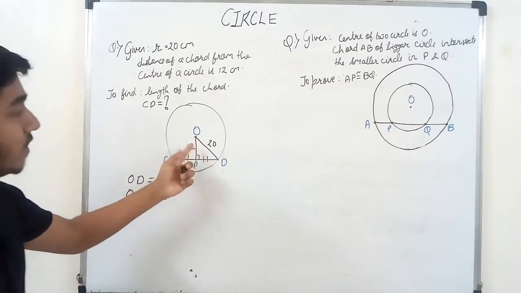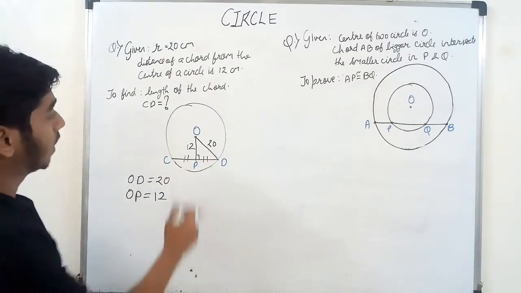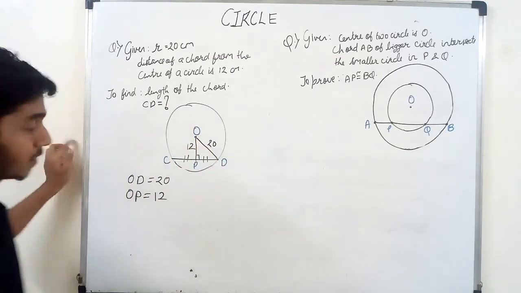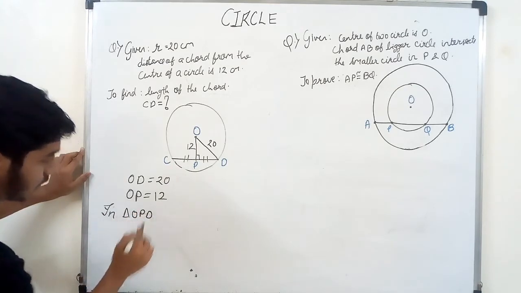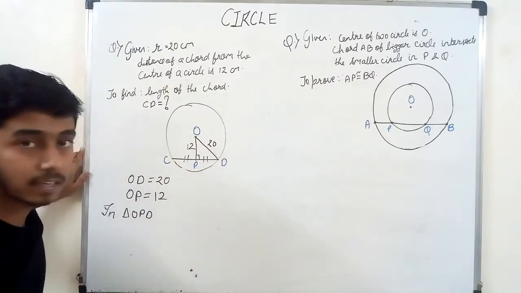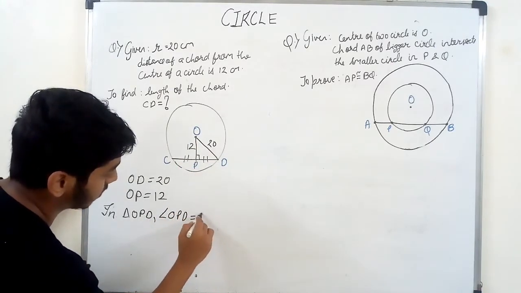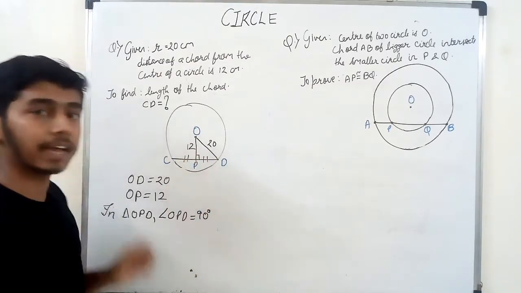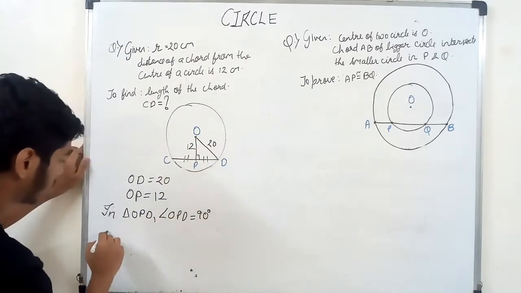So now if this is perpendicular, then CP and DP are both congruent. Now consider this triangle OPD. In triangle OPD, angle OPD is equal to 90 degree. Therefore, if one of the angles is 90 degree, we can apply Pythagoras theorem, correct? Therefore, what does it say?